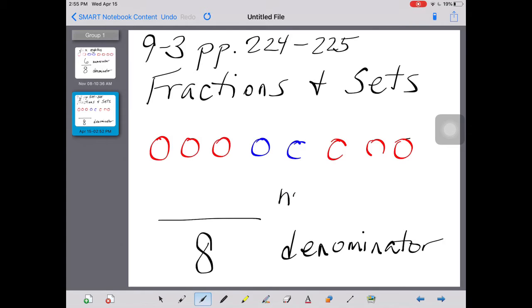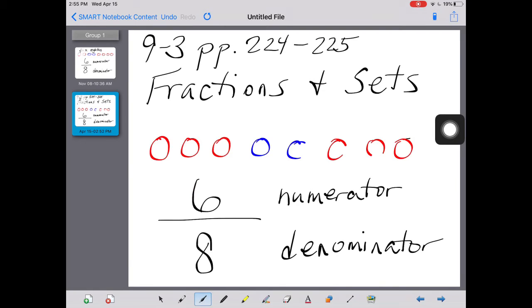The numerator represents what we're describing. And for this case, the question is red shirts. So I'm only going to look at the red shirts. So I've got 1, 2, 3, 4, 5, 6. So my numerator will be 6.